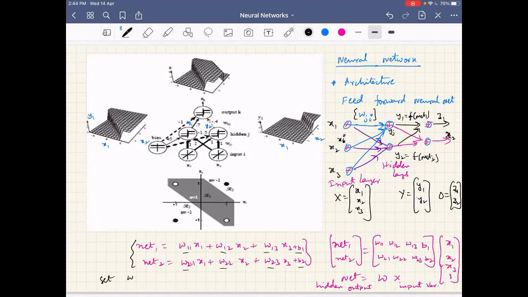Set WJI and WKZ. These are nothing but the weights connecting each of the layers.